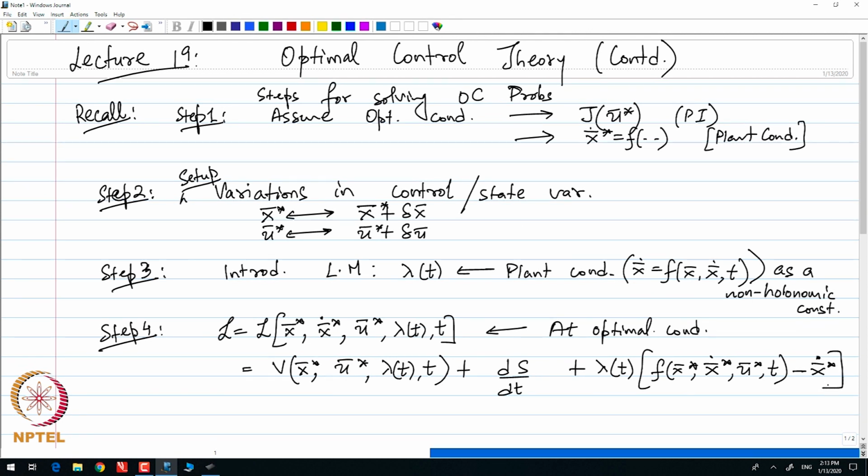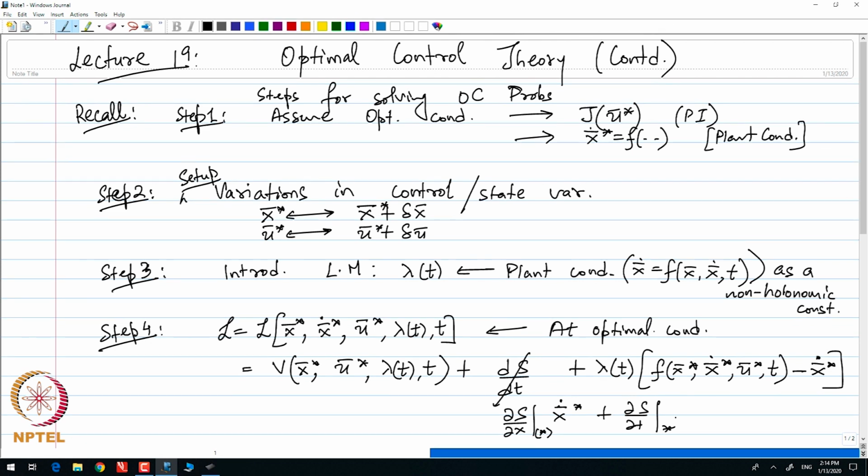We replace this total derivative of s by its partial derivative: partial s partial x evaluated at the optimal condition times x dot, also evaluated at the optimal condition, plus partial s partial t, again evaluated at optimal condition. So, we have 4 terms in the Lagrangian.